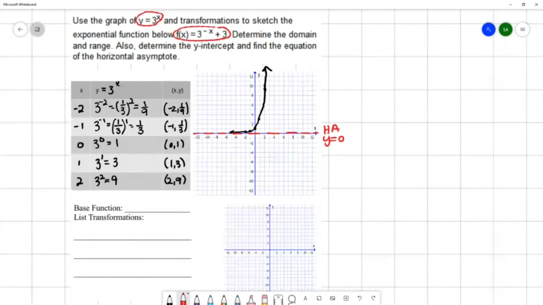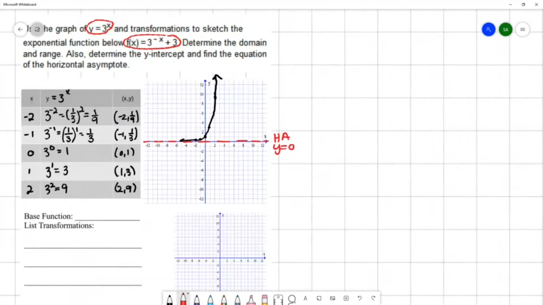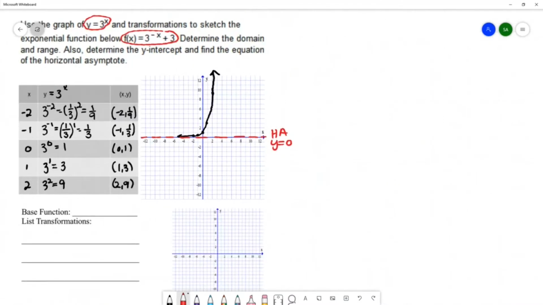We're taking a look at the function f of x equals 3 to the -x plus 3. Let me write it out here. We identify the base graph as being 3 to the x power. That's the function that we just drew, y equals 3 to the x.